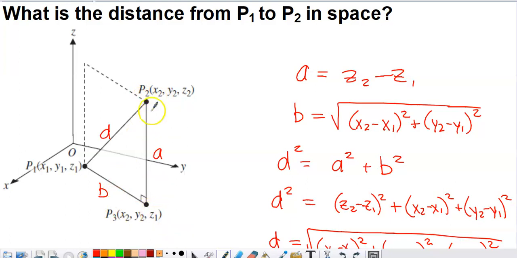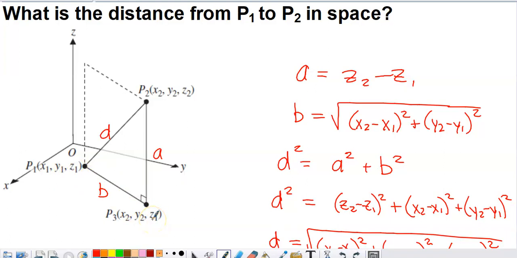So these points, point 2 and point 3, are in the same plane relative to x and y. They don't have the same z coordinate, but relative to x and y, they're keeping the same coordinates. This point right here is in the same plane relative to z as point 3 is, right? Point 1 and point 3 have the same z coordinate.